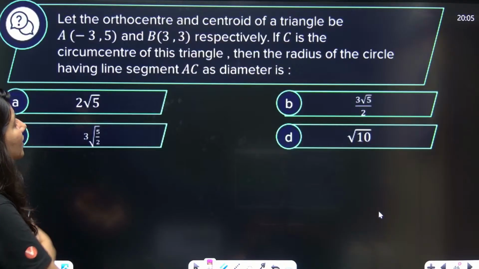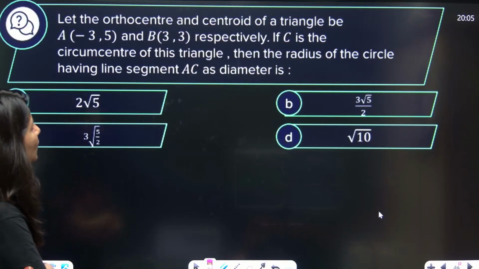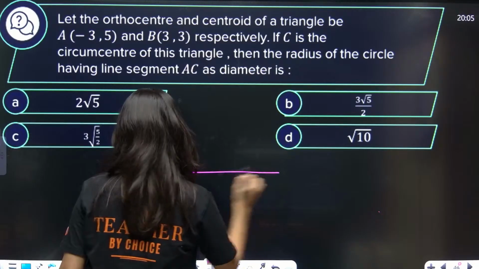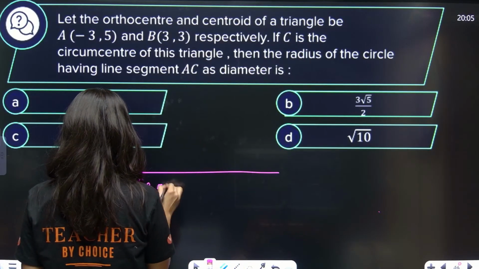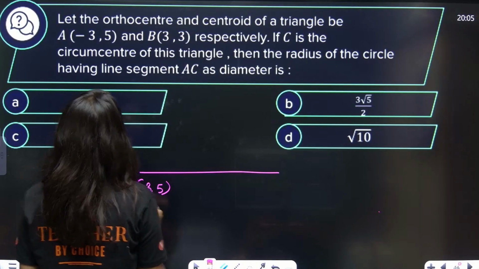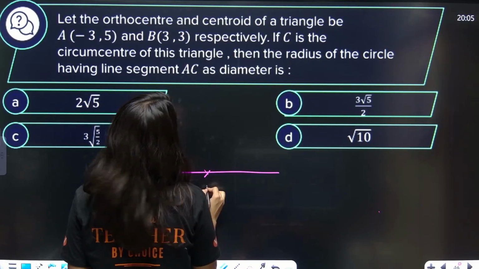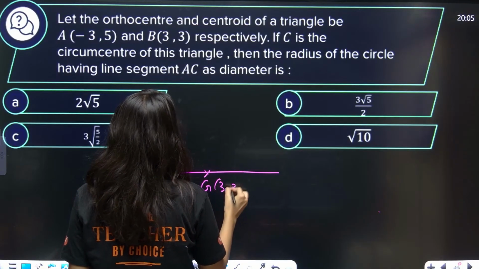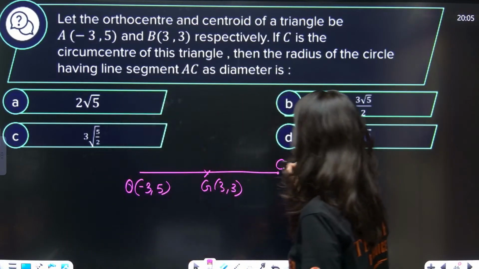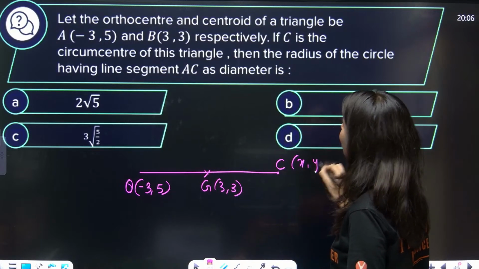Let the orthocenter and centroid of a triangle be given. Orthocenter O is given, which is (-3, 5). Centroid G is given, which is (3, 3). C is the circumcenter, which is not given to you, say (x, y).